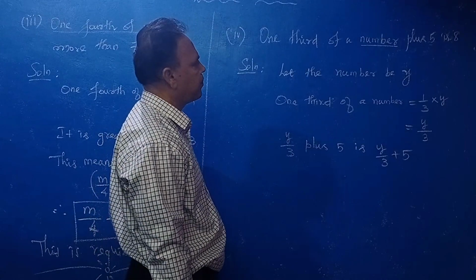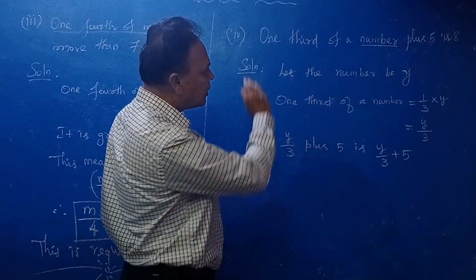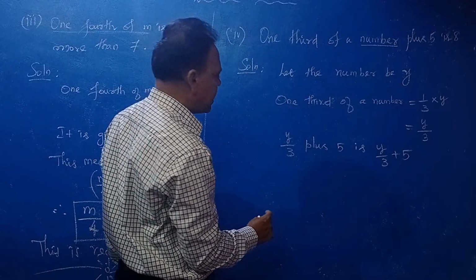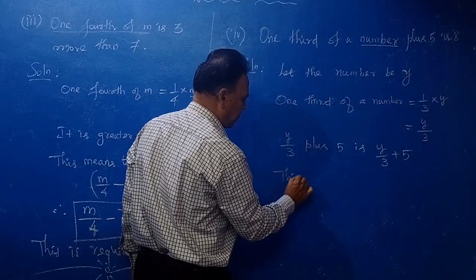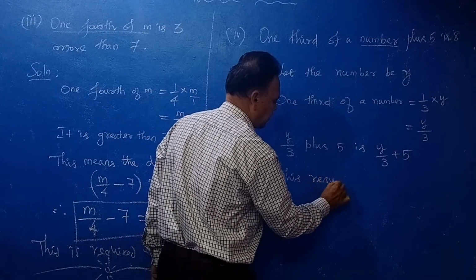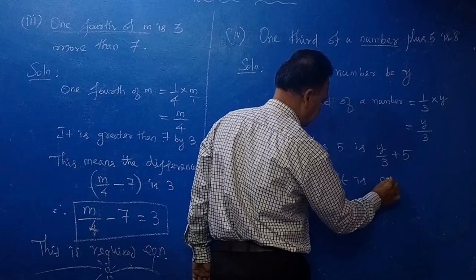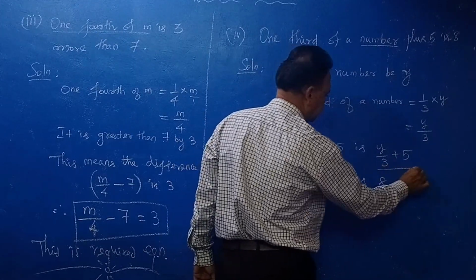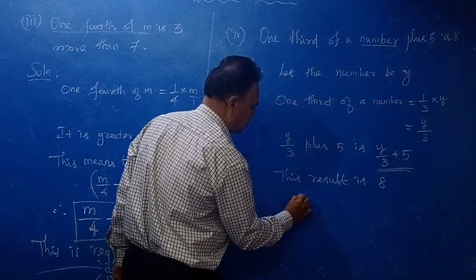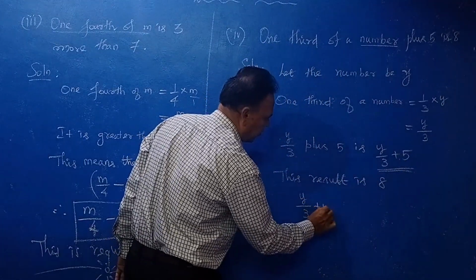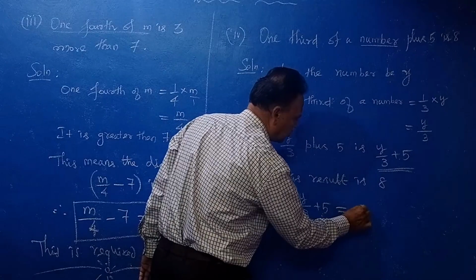The whole result is 8. So Y/3 plus 5 is equal to 8.